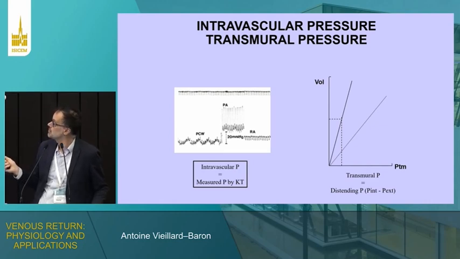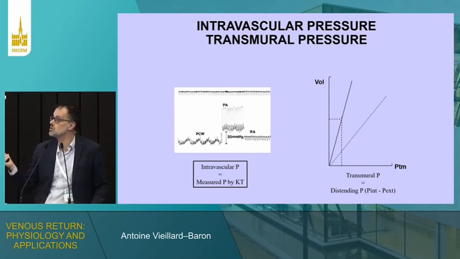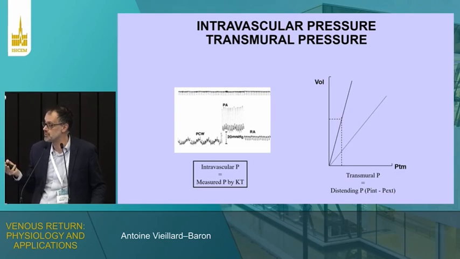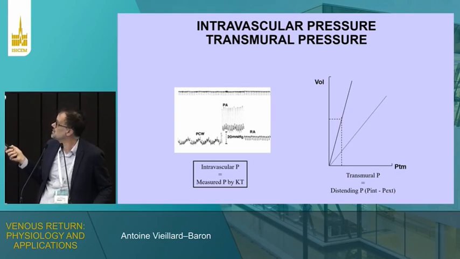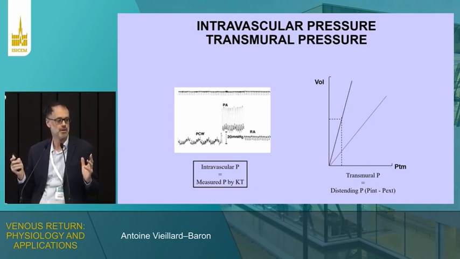And this pressure is calculated as the pressure inside, which is the intravascular pressure, minus the surrounding pressure, which is usually the intrathoracic pressure, but in some conditions, as in case of cardiac tamponade, could be the pericardial pressure. And so this transmural pressure is quite related to the volume of blood in the right atrium, which is absolutely not the case for this one.